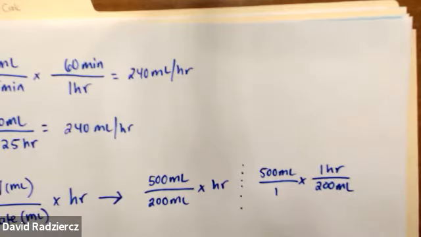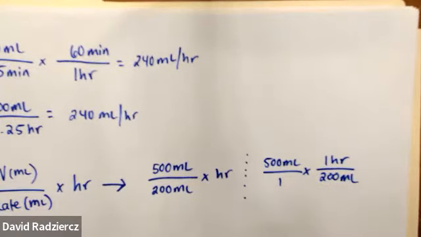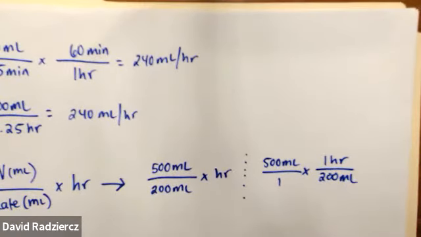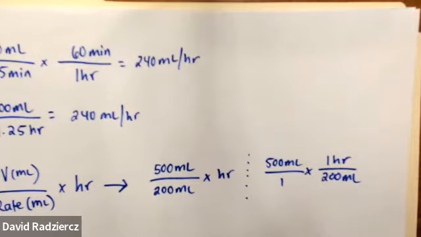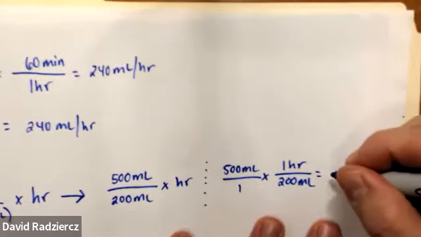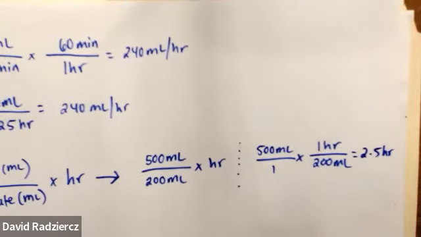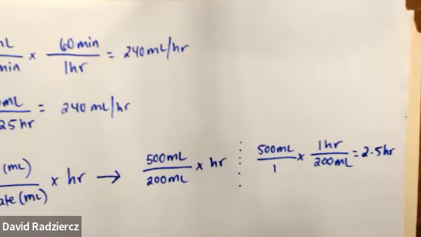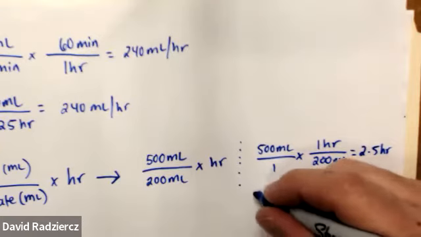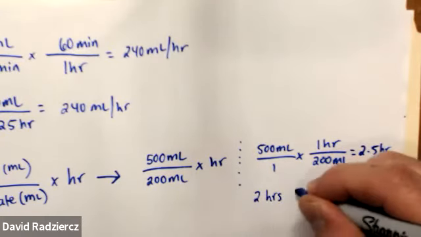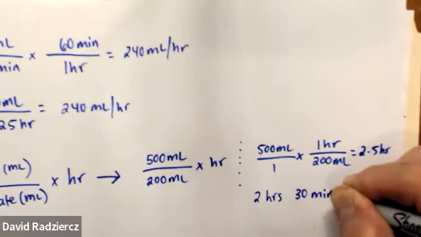I'm just showing you that no matter how you do this, you can still get to the right answer. So 500 divided by 200 is going to be 2.5. So no matter how you set this up, you're going to get 2.5 hours. Okay, so that's how long this will take. If it asked you in hours and minutes, you would say 2 hours, 30 minutes.